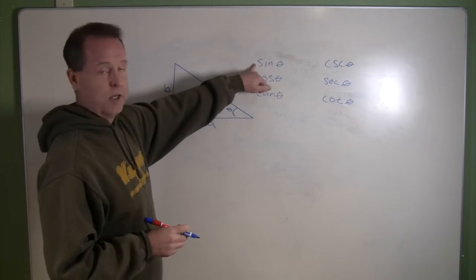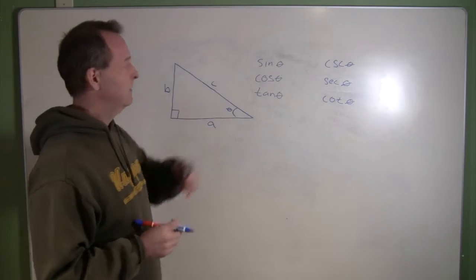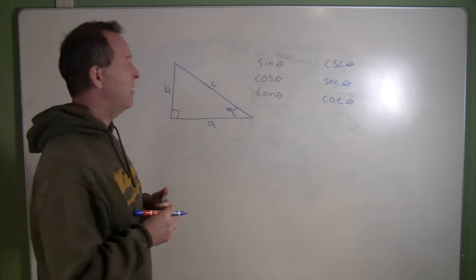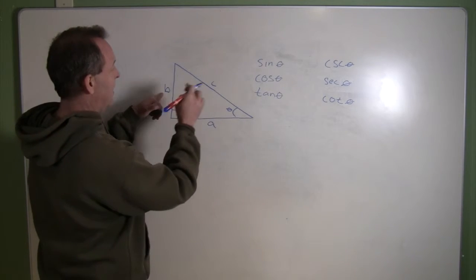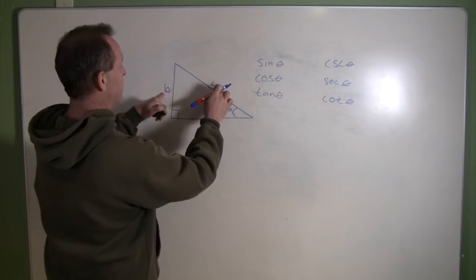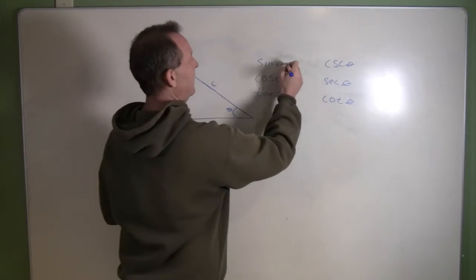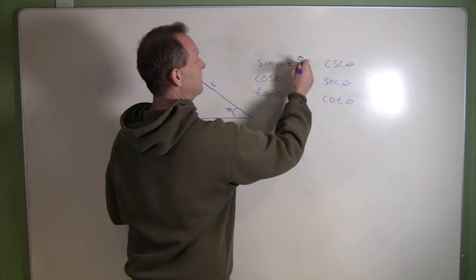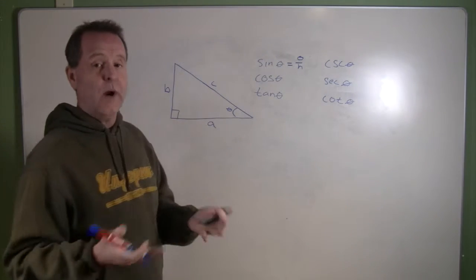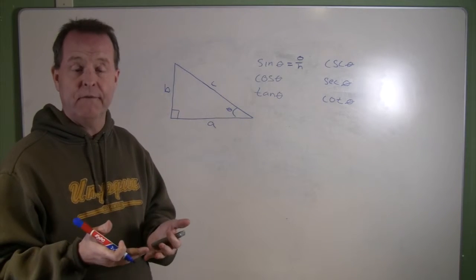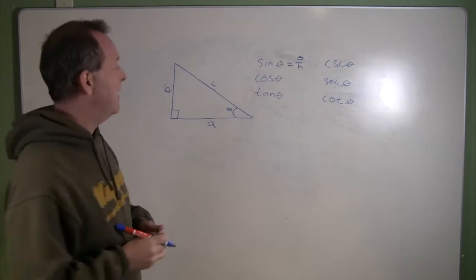So the function sine of theta represents the idea where I take the opposite side versus the hypotenuse, and I'll mark that by opposite over hypotenuse, and that's a ratio of 2 sides, which is a function of the angle theta.